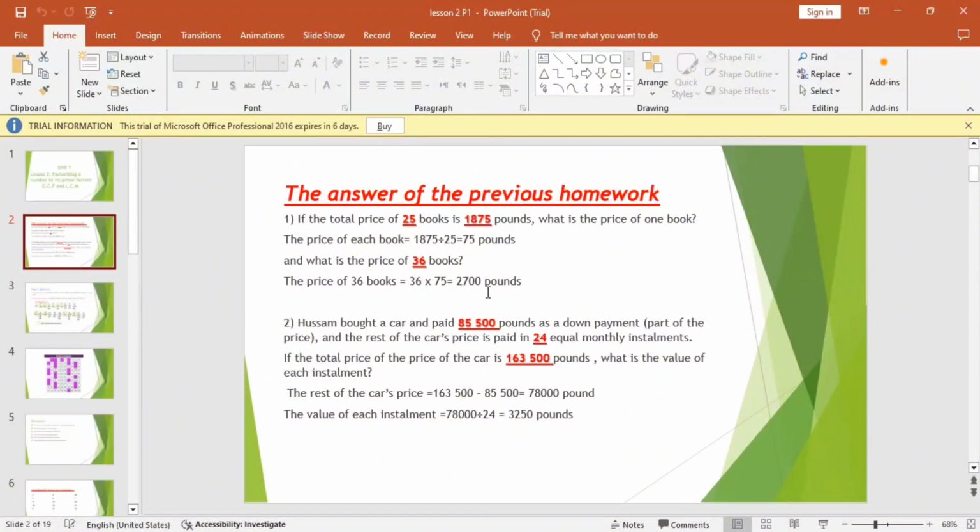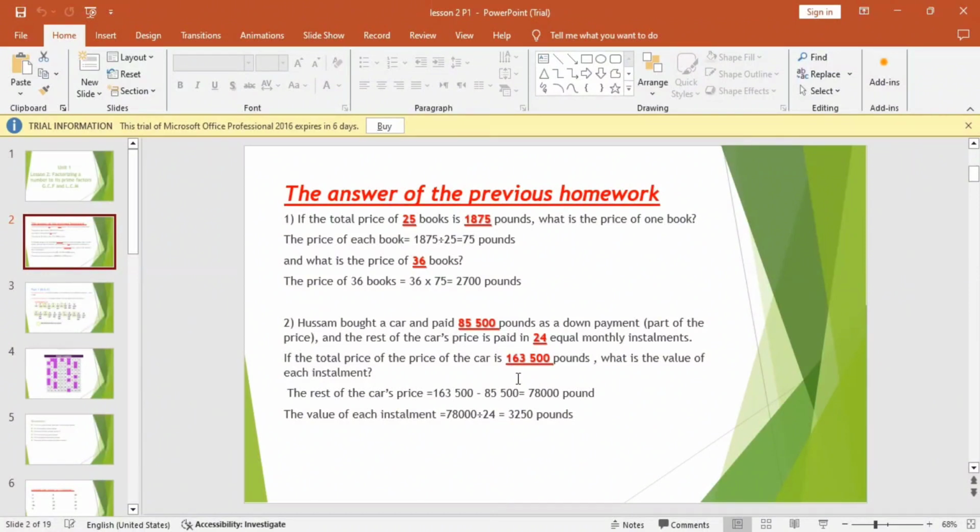£2,700. Number 2, Hossein bought a car and paid £85,500 as a down payment, and the rest he divided by 24 equal monthly installments. The total price of the car is £163,500.